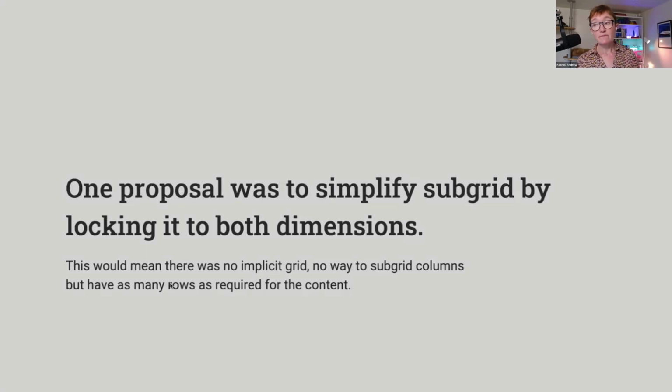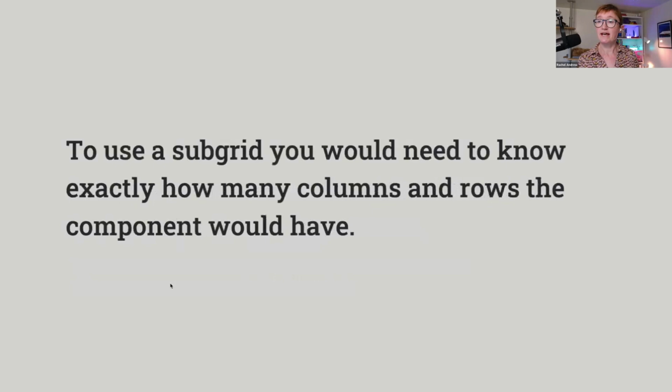If display: subgrid was set, then grid-template-columns and grid-template-rows would have no effect, and the entire grid would be defined by the parent tracks, which sounds fine until you think, do you always know how many rows your component is going to have? You'd only be able to use subgrid if you knew exactly how many columns and how many rows were required. If you didn't know that, because you couldn't have any implicit grid, you couldn't have extra rows being created, you wouldn't be able to use it for anything more dynamic.